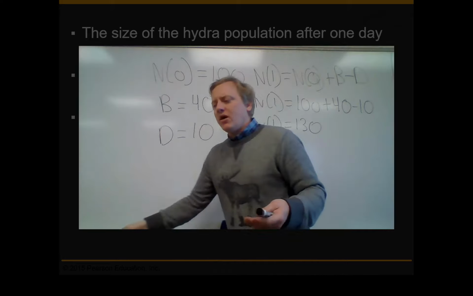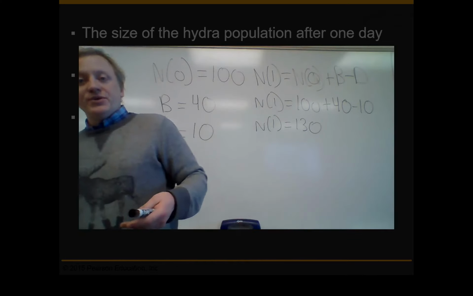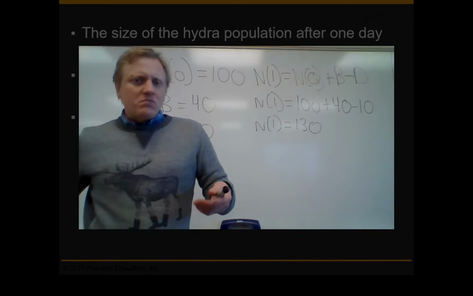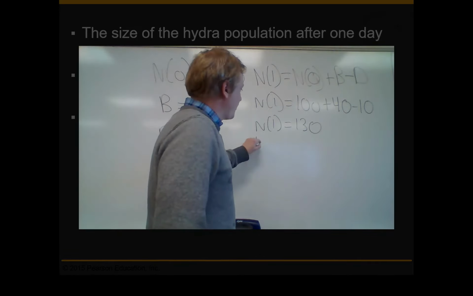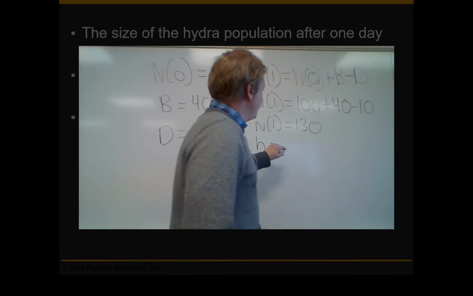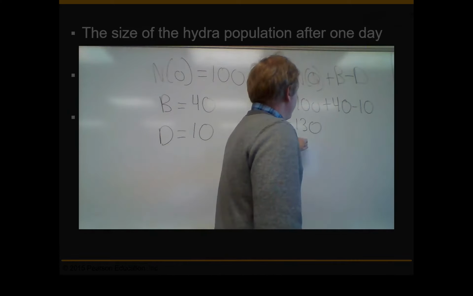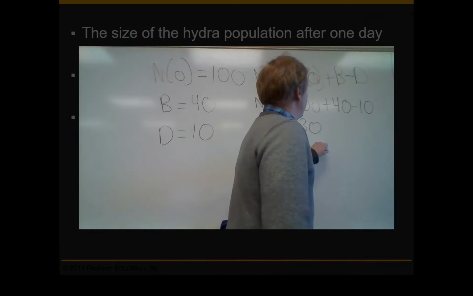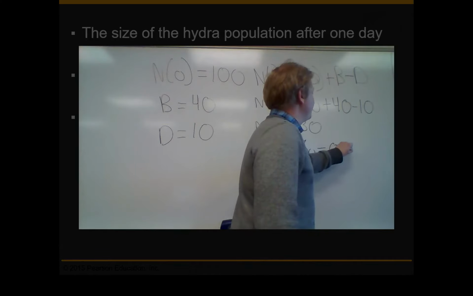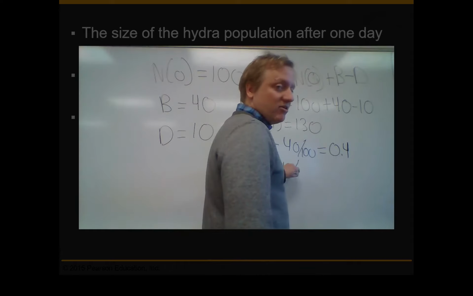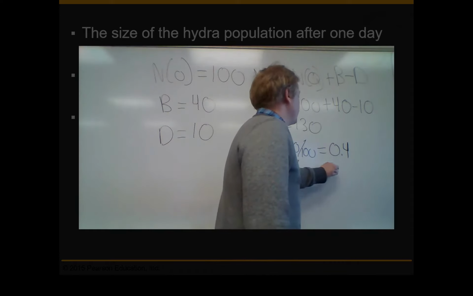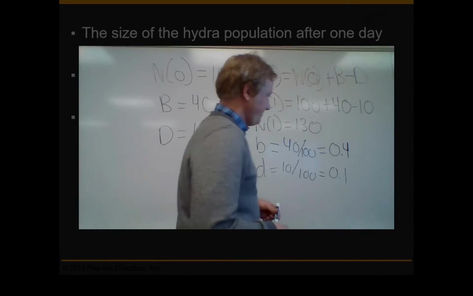How do we figure out our number now for day 2? We've calculated our birth rate, which is equal to 40 out of 100, which is equal to 0.4. And we've calculated our death rate, which is equal to 10 out of 100, or 0.1.